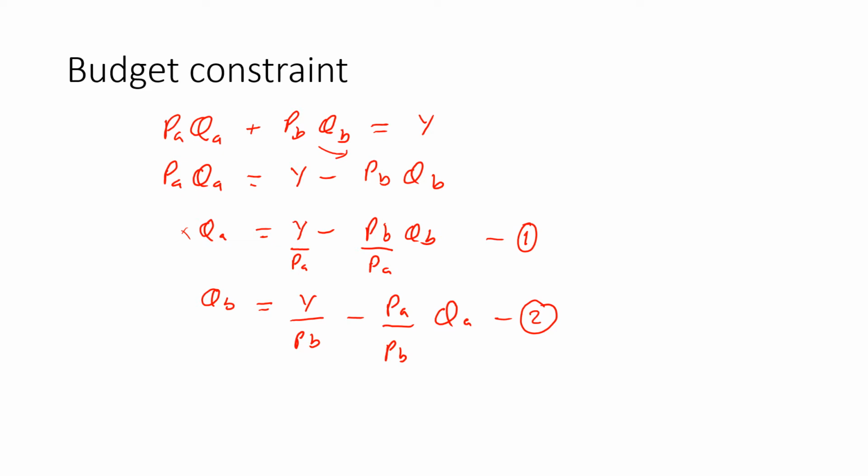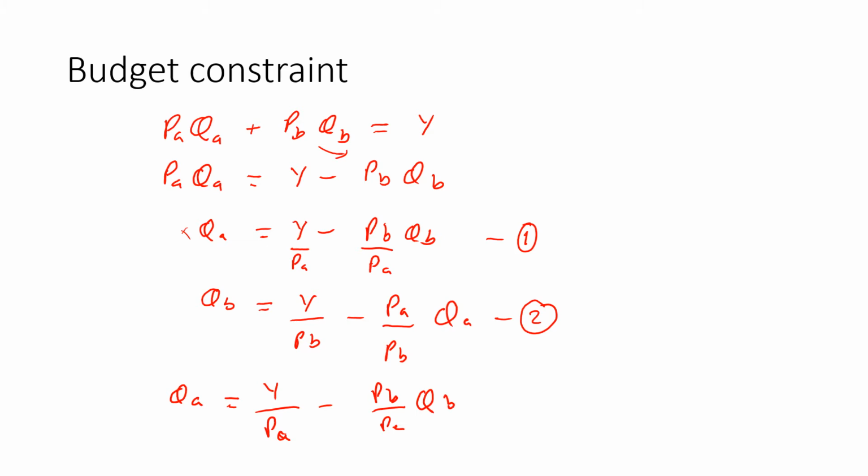Now, what else can we learn from it? Let's say that we are not consuming QB at all. We are only interested in the consumption of QA. So look at equation 1, where we have QA is equal to Y over PA minus PB over PA into QB.